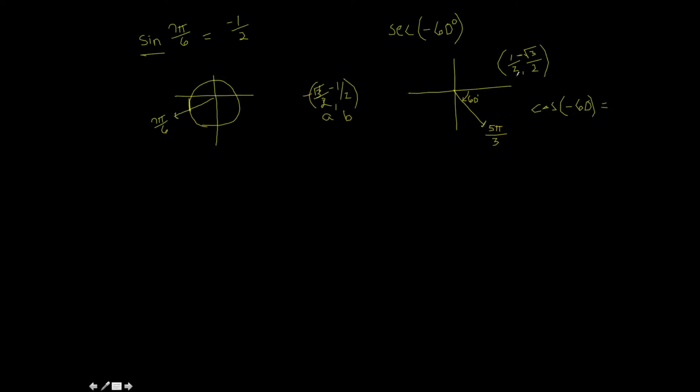Well, cosine would be the a value, remember. So the cosine would be 1/2. Now this is secant. So what would the secant be? The secant would be the reciprocal of that, which is 2. Does that make sense? All right, let's try another one.